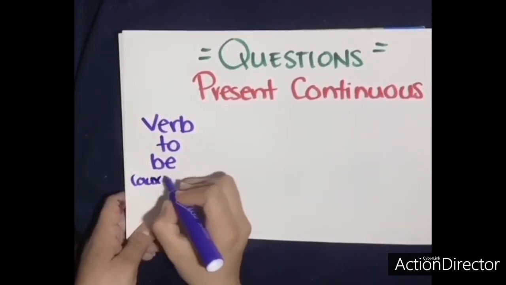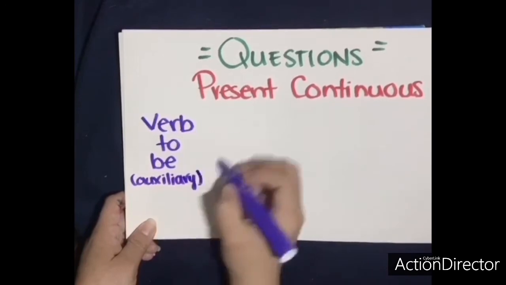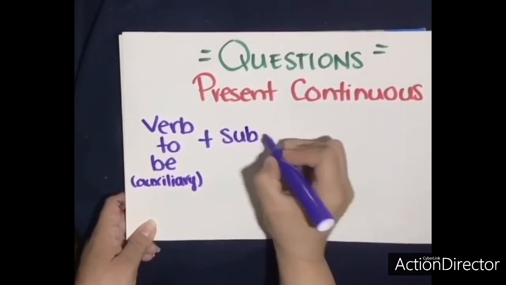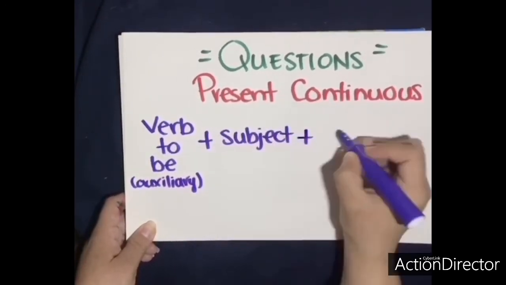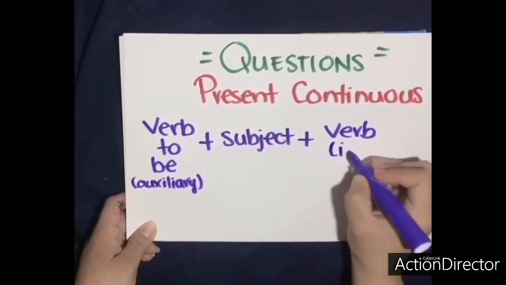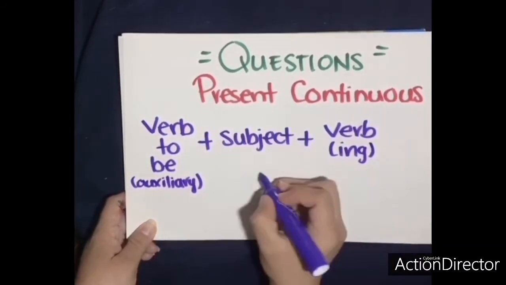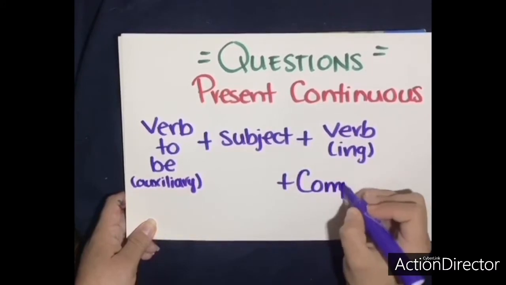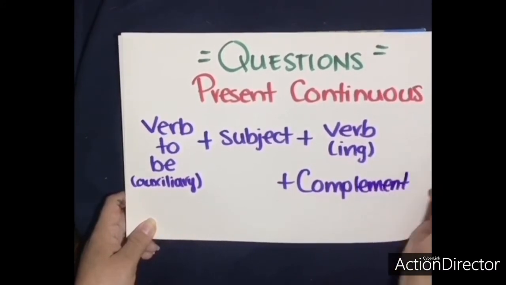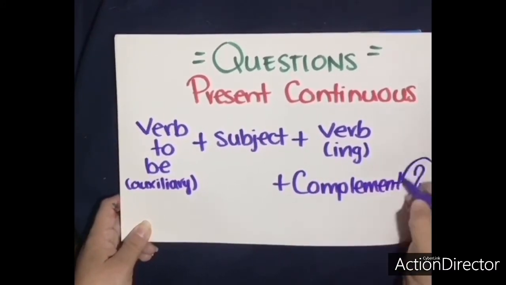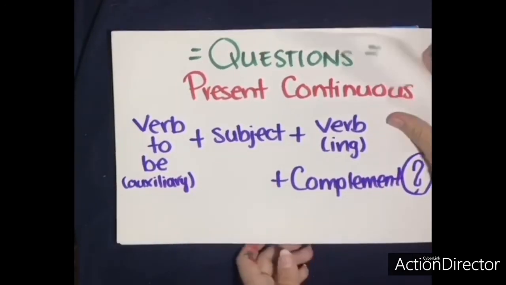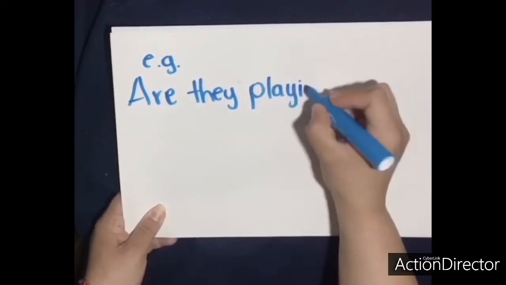We start with the verb to be, that is our auxiliary, plus the subject or a noun, plus the verb in the ing form plus the complement and the question mark. One example of this structure can be: are they playing the piano?